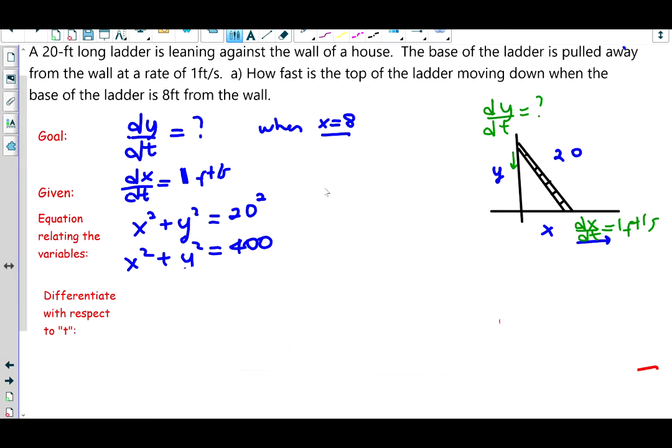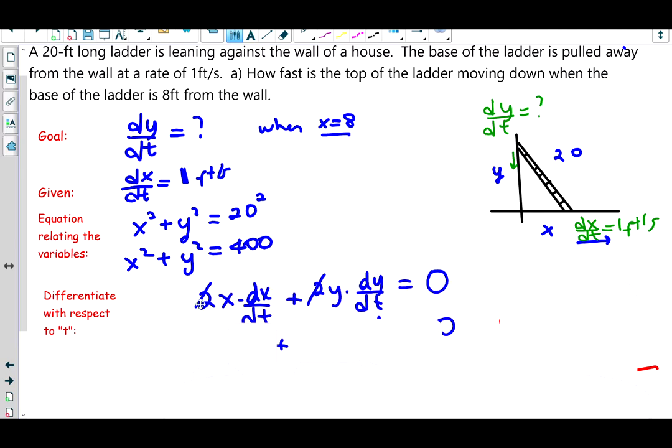And typically, if we know dx dt and we're trying to get dy dt, we need to differentiate both sides of this equation with respect to the time variable. So we've done things like that before. 2x dx dt plus 2y dy dt equals 0, right? Derivative of a constant is 0. And you can divide both sides of the equation by 2. 0 over 2 is still 0, so the 2's are gone.